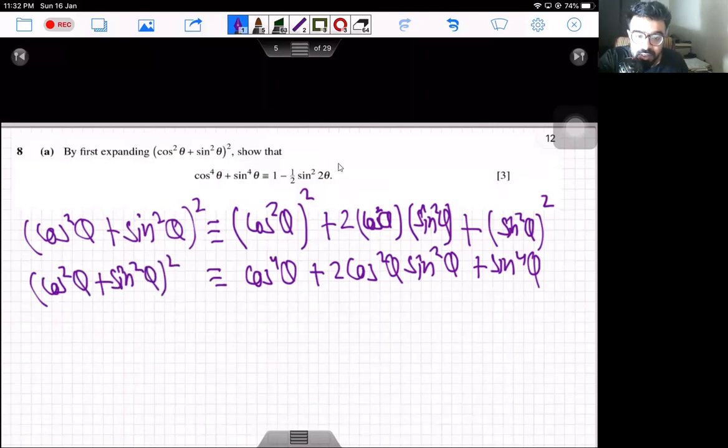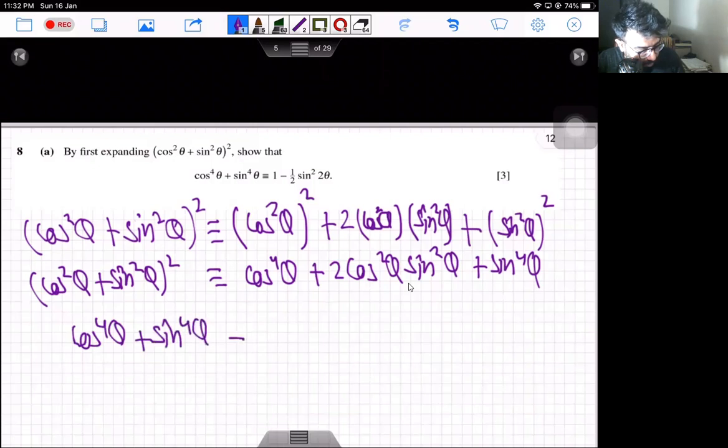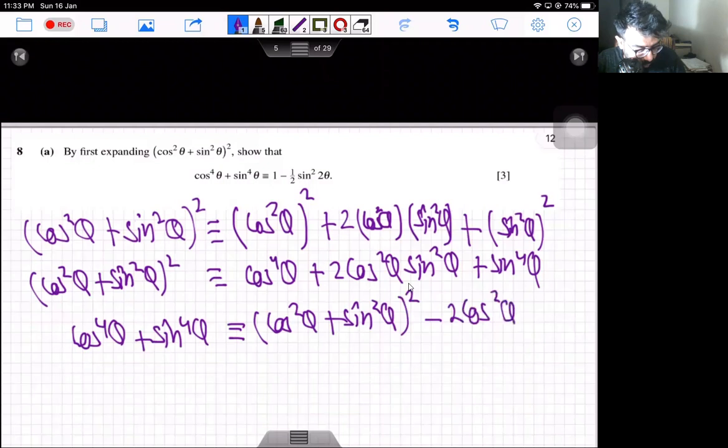Now what we want is something in place of cos⁴θ + sin⁴θ, so we are going to make this the subject of this identity. So cos⁴θ + sin⁴θ is exactly equal to (cos²θ + sin²θ)² minus 2 times cos²θ times sin²θ.